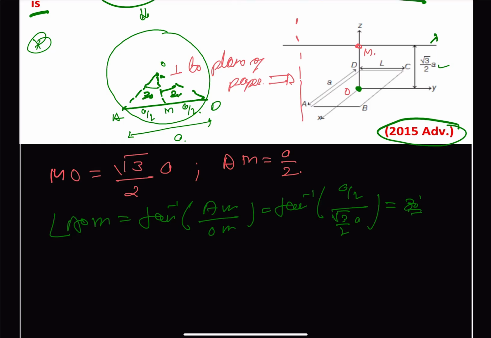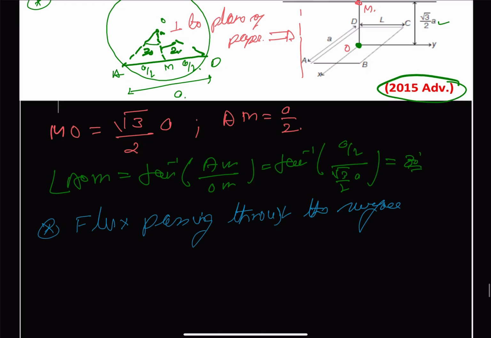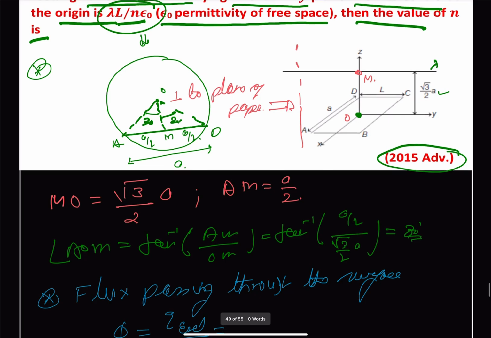So we can say that according to Gauss law, the flux passing through the surface, let us suppose phi, is equal to the charge enclosed divided by epsilon naught.